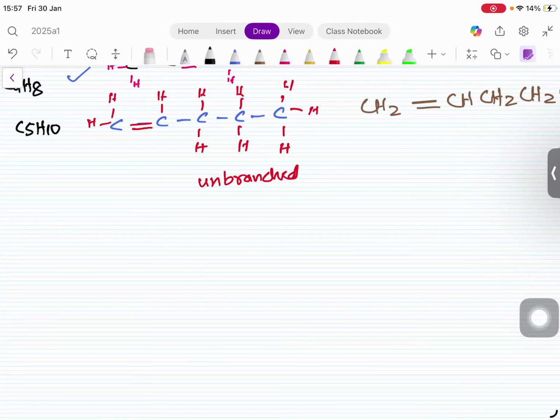So I would like everyone to draw. Anywhere you can put the double bond, wherever you want, you can put the branch. We just want to see how it looks like.